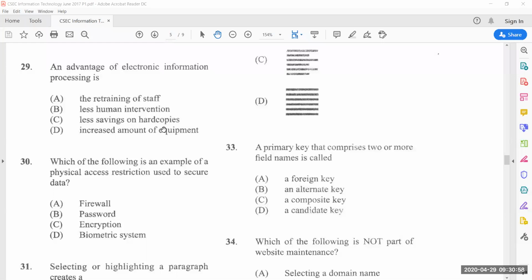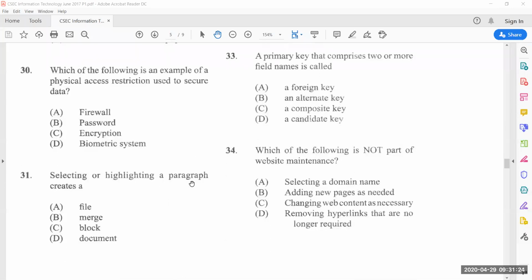Retraining of staff will be considered a disadvantage because you have to spend time and money retraining your staff. Less savings on hard copies should really be worded differently for it to be considered correct. And increased amount of equipment is definitely not an advantage, as you have to spend more money to purchase and then run the equipment.